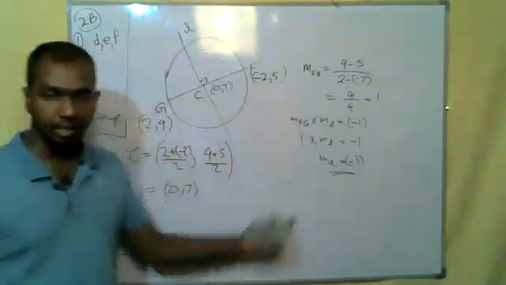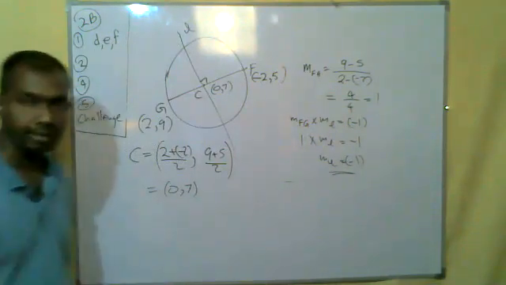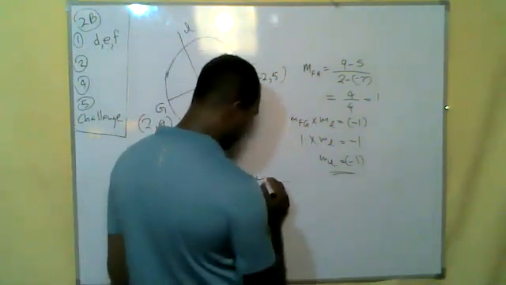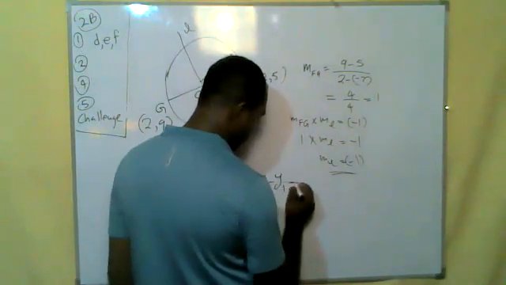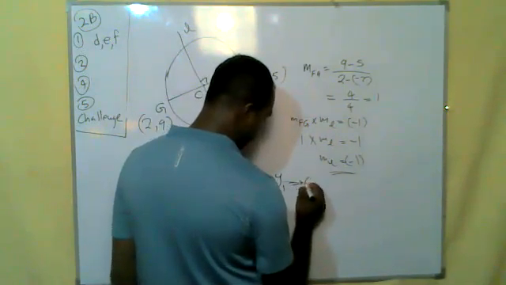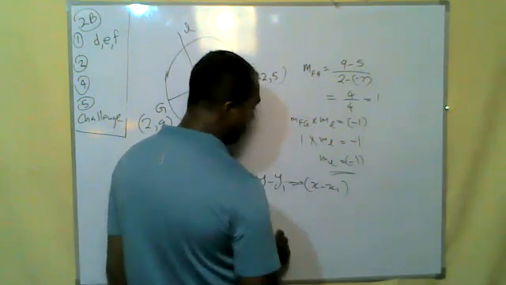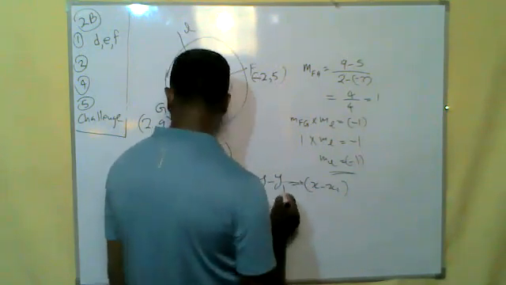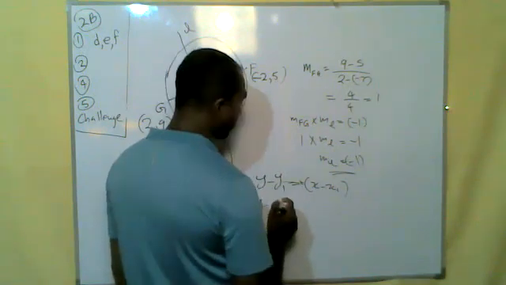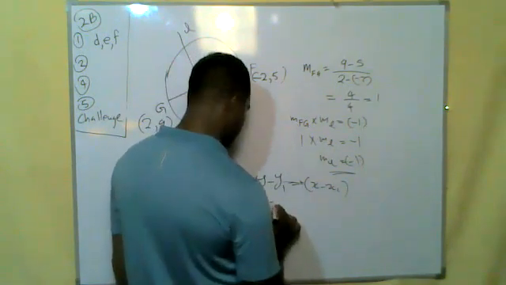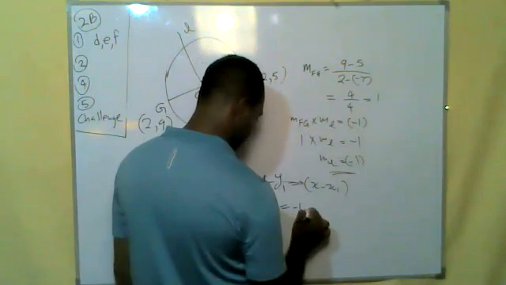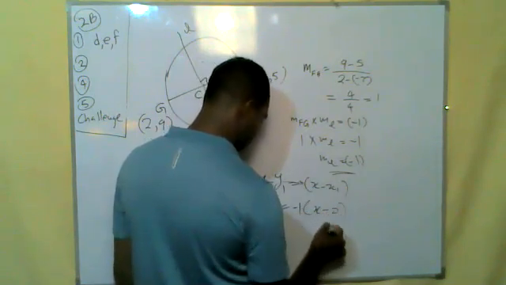So we know the gradient, we know a point. What we can do is use the equation y minus y1 equals gradient times x minus x1. So y1, how much is y1? 7. So y minus 7 equals minus 1 times x minus 0.